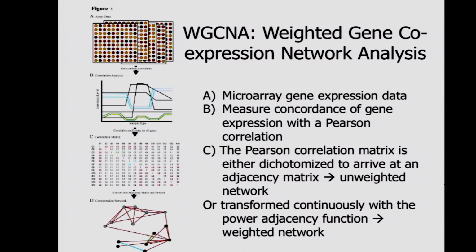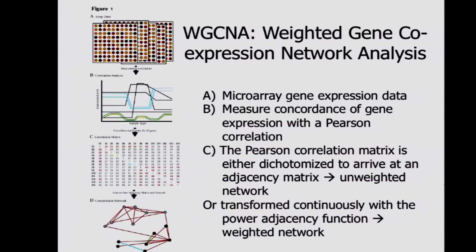Now that variation may be just random variation, because if a gene is not actually being modulated or regulated in any way across those samples, then there's not going to be correlation because it's really just noise. But if some gene is going up or down, and some other gene is also going up or down coordinately regulated with it, either in the same direction or in the opposite direction, then WGCNA says, oh, look, those two things are correlated.